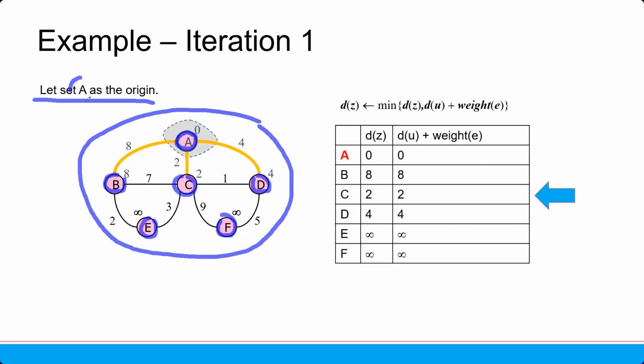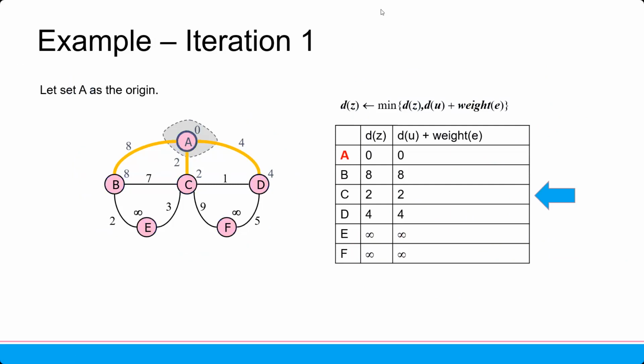So the starting point is A. And then let's see, these are the weighted edges. From A to B, we have the value 8. From A to D, we have the value 4. From A to C, we have the value 2.